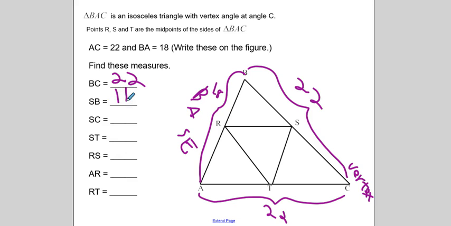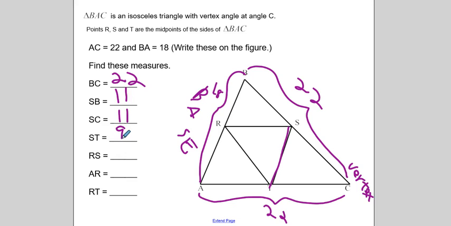SC is the other half of 22, which is 11. ST, well, that's this line right here. Lay your pencil on ST, and now just roll your pencil this way. What is ST parallel to? BA. So since ST is the smaller piece, it is going to be half of 18, which makes it 9.